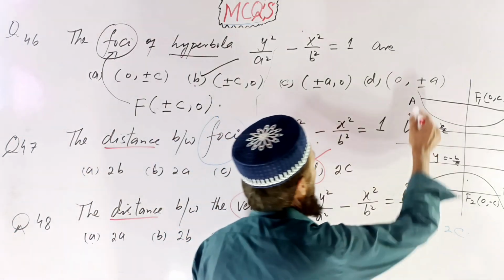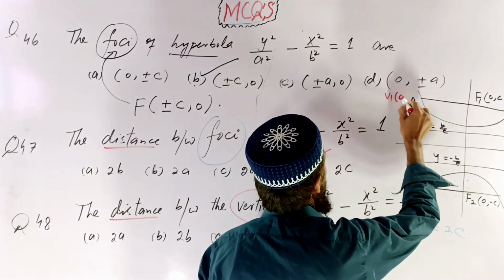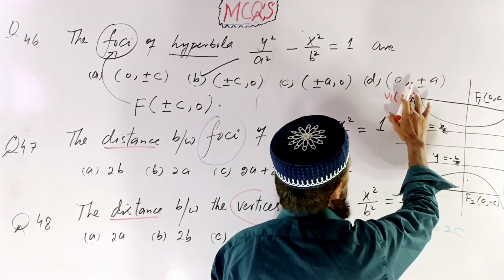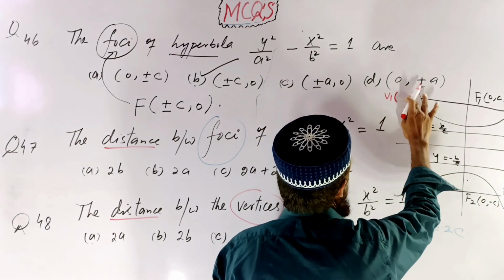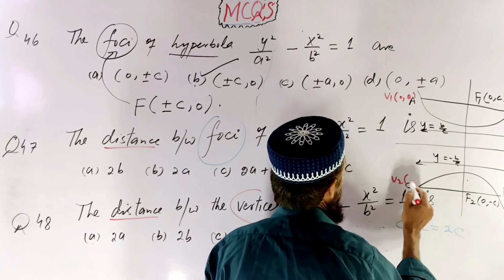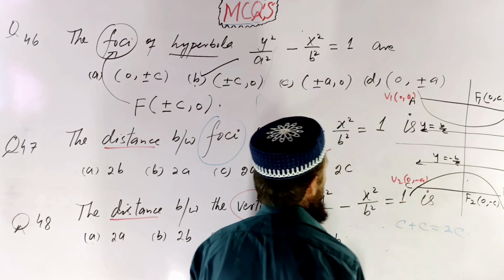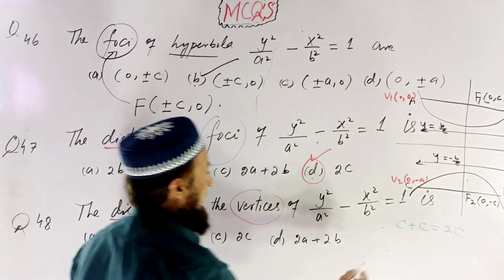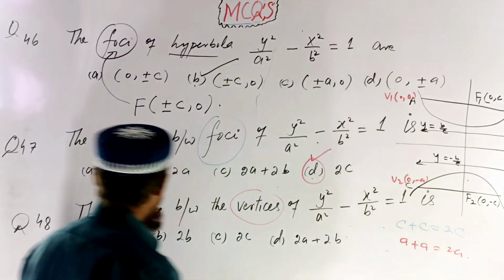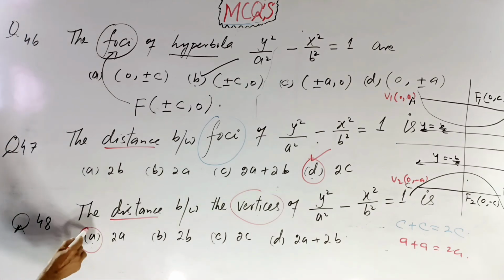If we are finding the vertices, V1 is 0 and A, and V2 is given as 0 and minus A. So A plus A, just like the foci, is equal to 2A. And here option A is the correct option.